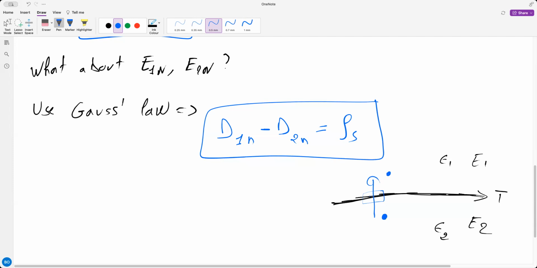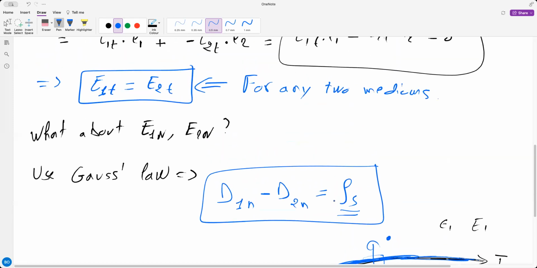You can look into the textbook. They use exactly the same treatment as we used for the first boundary condition, and we have to take into account the surface charge density. So those are the two boundary conditions for any two media, and this is the second boundary condition. Any question?